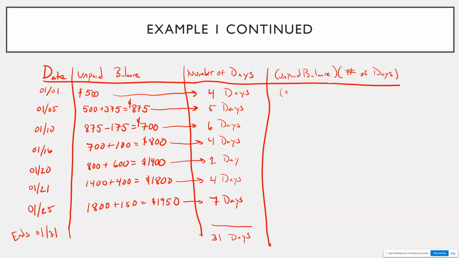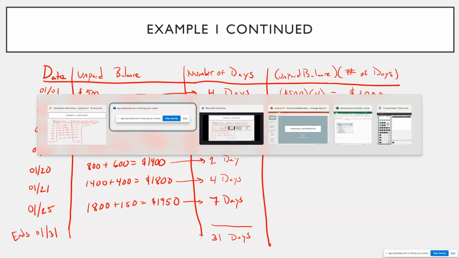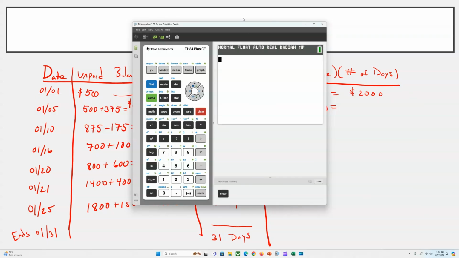So for example, I'm going to take 500 and multiply it by 4. That gets me 2,000. I'm going to take 875, multiply that by 5. I'm going to need my calculator for this one. And it gets me 4,375.